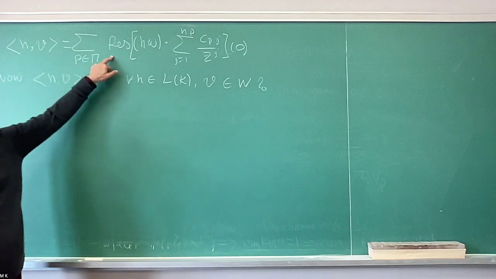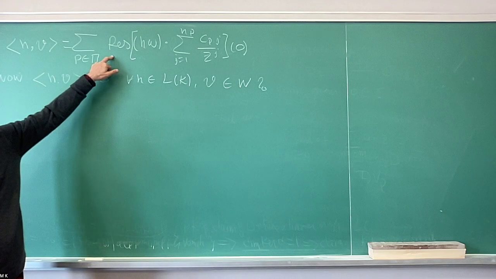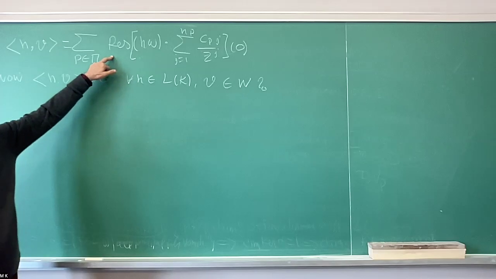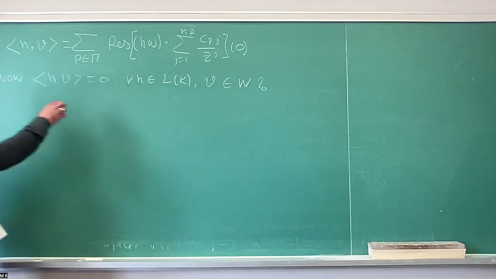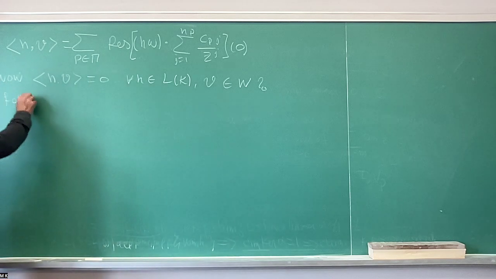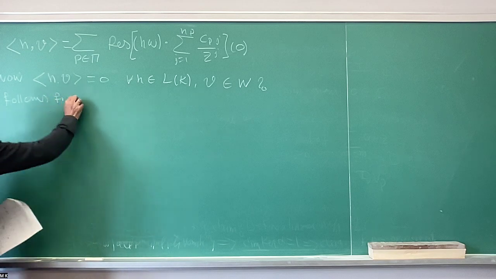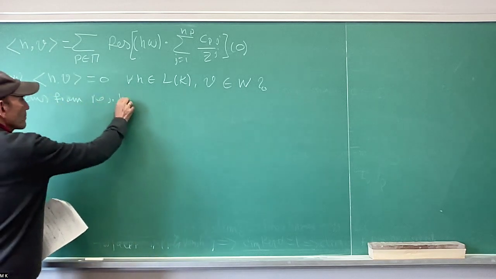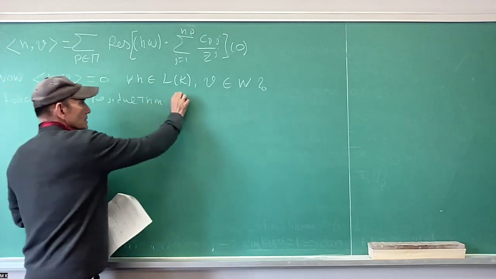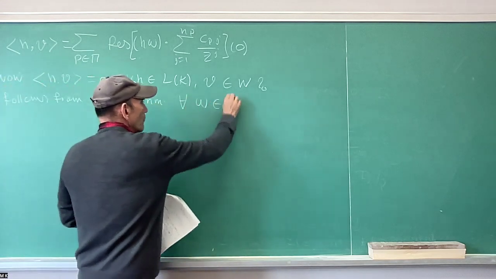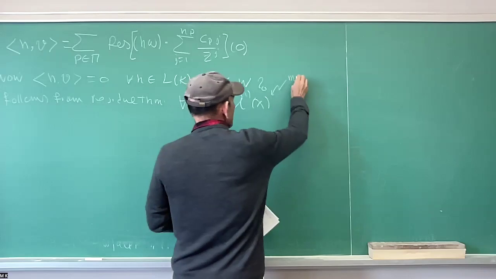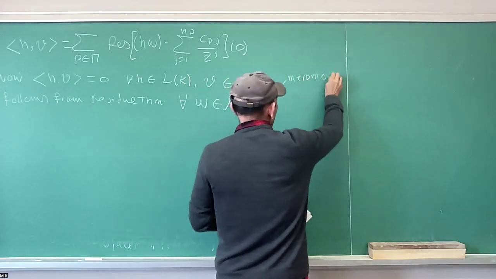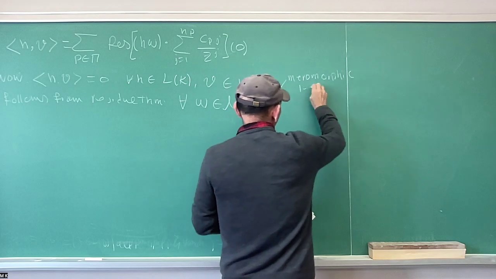So this result is a consequence of the residue theorem we proved: the sum of residues of any meromorphic one form is equal to 0, right? So this follows from the residue theorem, for any omega belonging to M1(X), the space of meromorphic one forms on X.